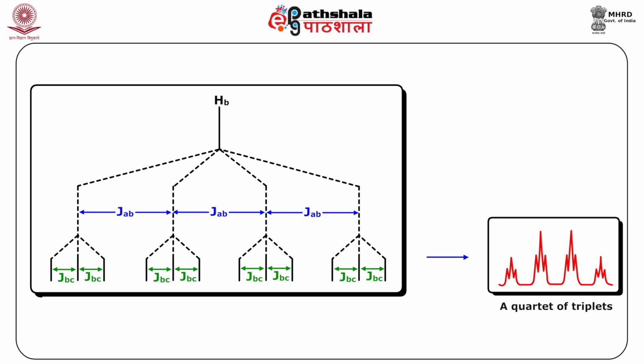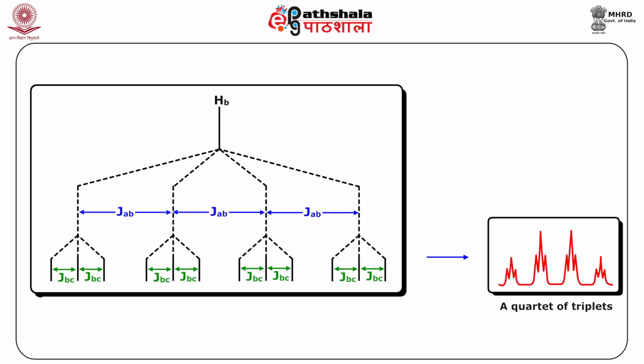Similarly, if you consider hydrogens Ha of the methyl group, they display a triplet in the upfield region, that is towards the right of the NMR spectrum, due to coupling, and its coupling constant will be denoted as JAB with 2 equivalent protons Hb. Now, the 2 coupling constants are not equal. The chemical shift of Hb protons is in between.